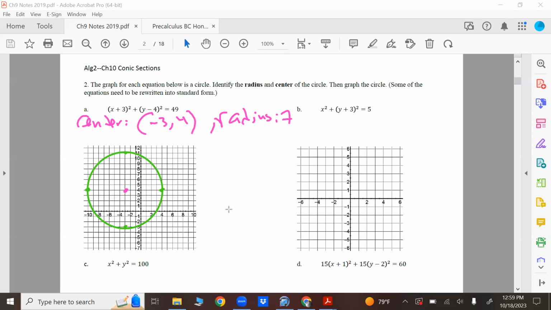Okay, so let me do this quickly here. 0. 0, -3.